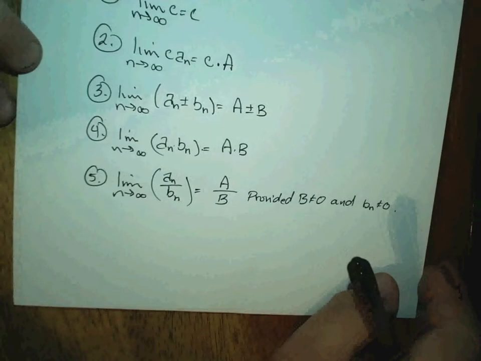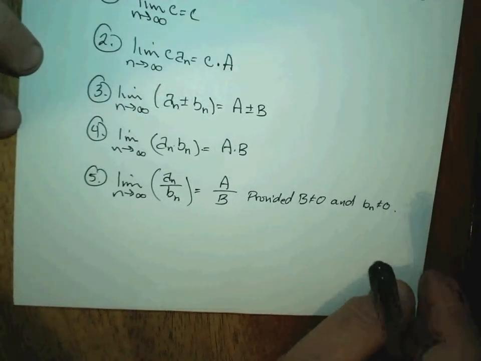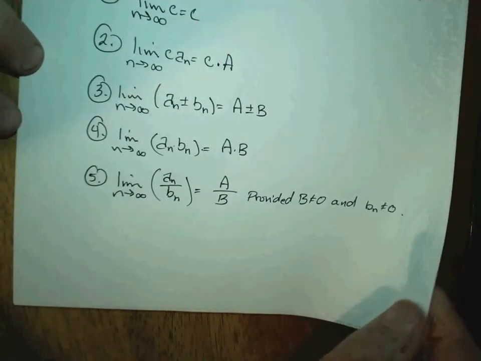All right. So let's take a look at applying these limit laws, perhaps, or just trying to compute some limits in general. We'll take a look at problem number 24.